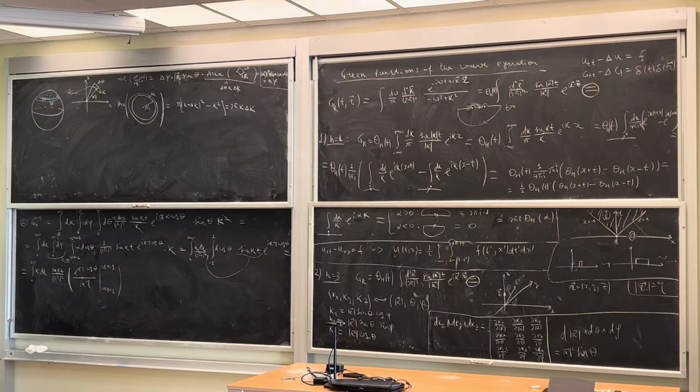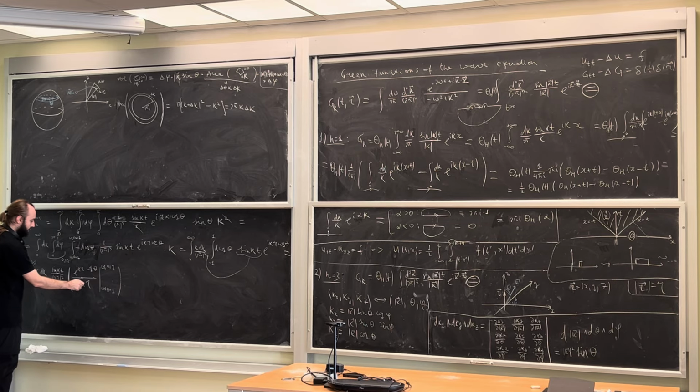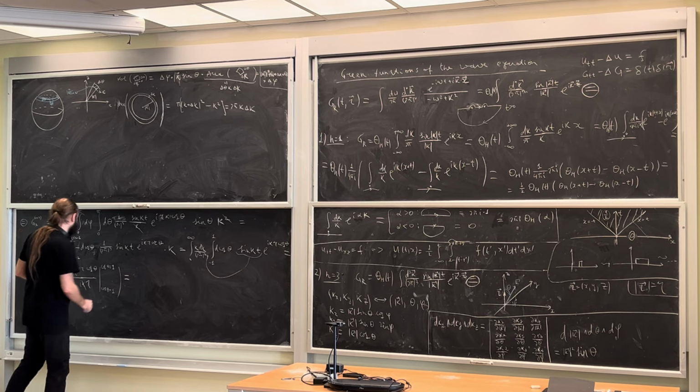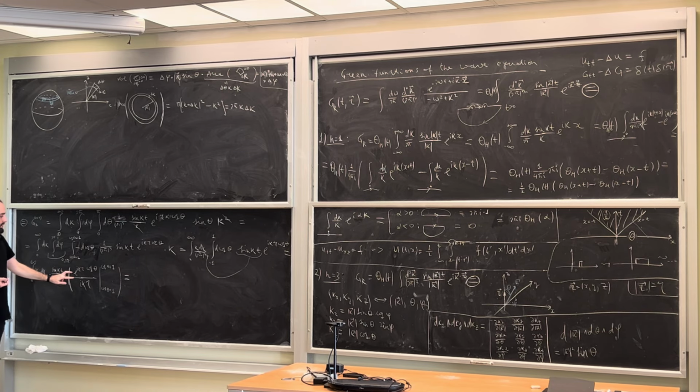Right? So this k here cancels on this one, and this expression combines to 2 times sine of k r.